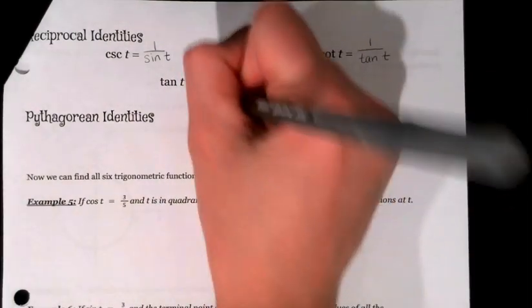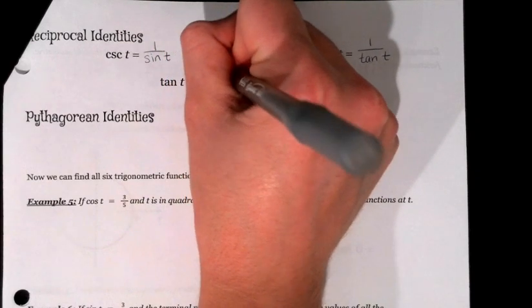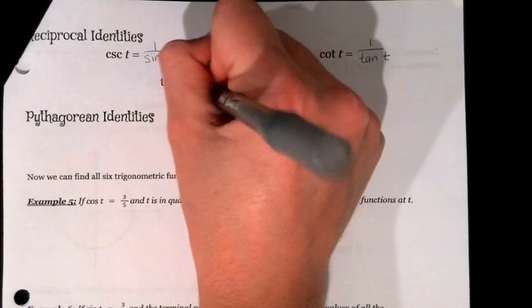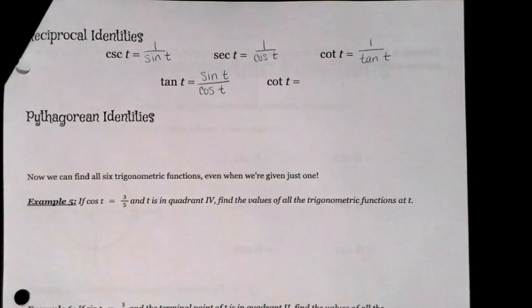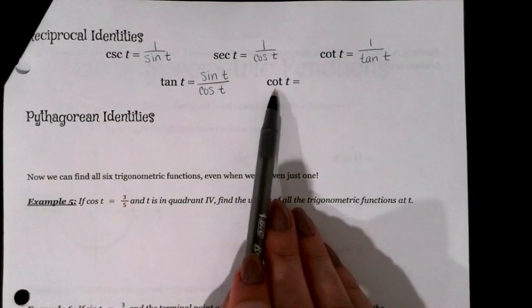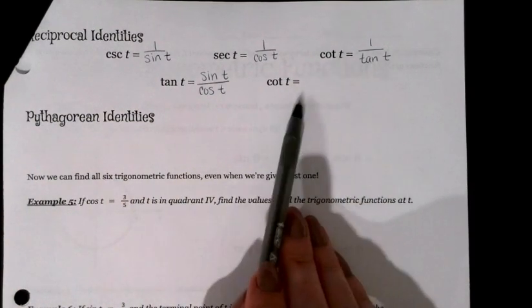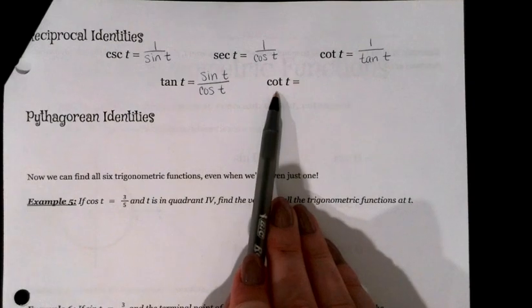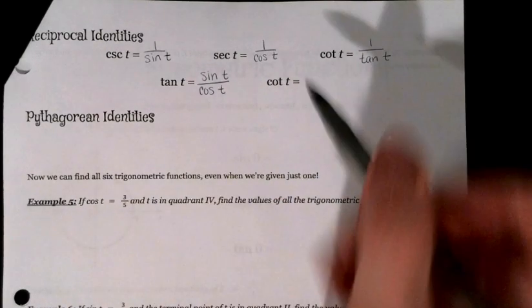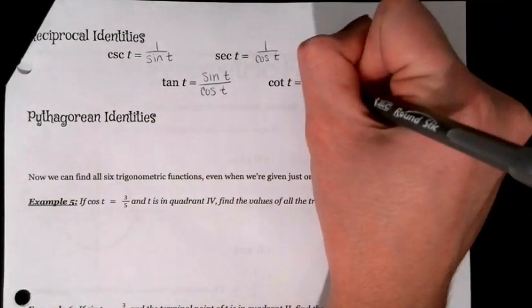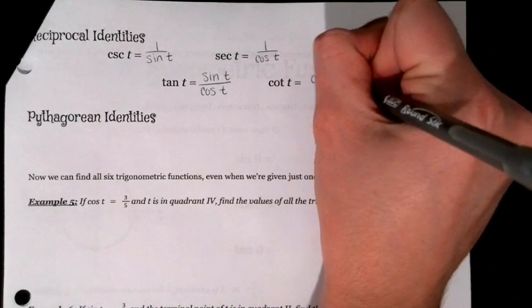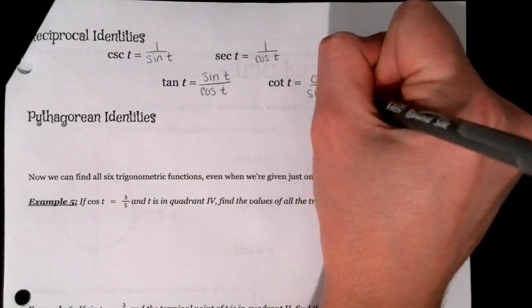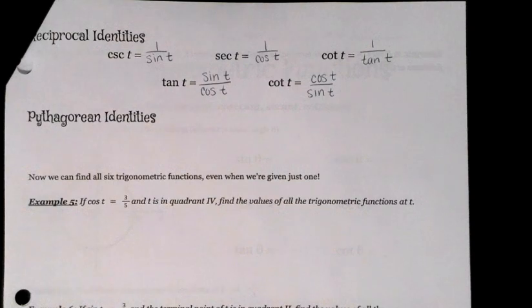For tangent of t, that is sine of t divided by cosine of t. So cotangent of t, we said was 1 over tan. I could also do the reciprocal of tangent. So instead of sine over cosine, I would have cosine of t over sine of t for cotangent.